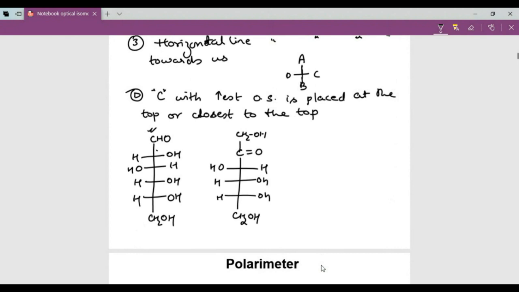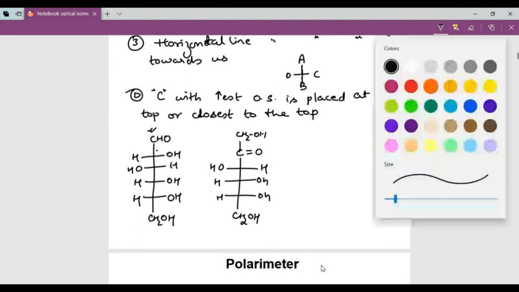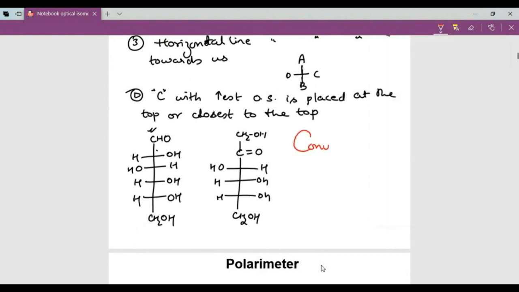Now, these are the conventional rules. Let me write the word conventional. But when you deal with a question, don't expect that they will follow only the conventional rules for writing a Fischer projection. When options are created, only one could follow the convention.